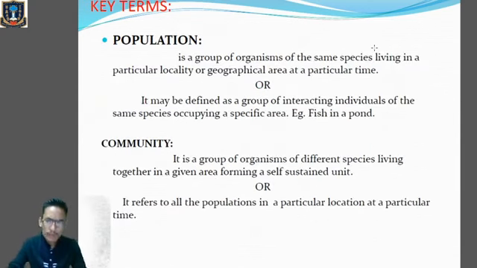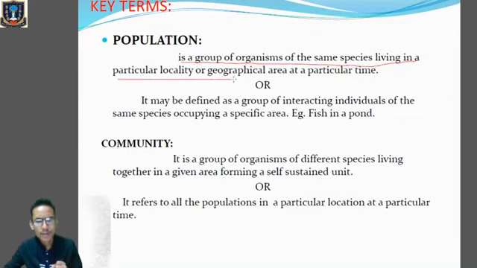Now, before going to learn the ecosystem, there are general key terms which we have to go through. The key terms that we are going to learn are population and community. What is population? Kindly note it down. Population is a group of organisms of the same species living in a particular locality or geographical area at a particular time.